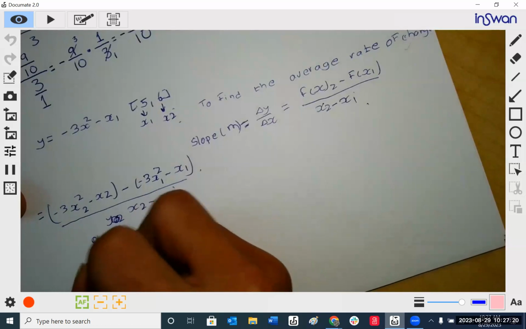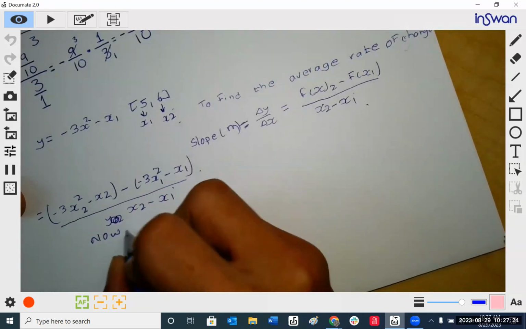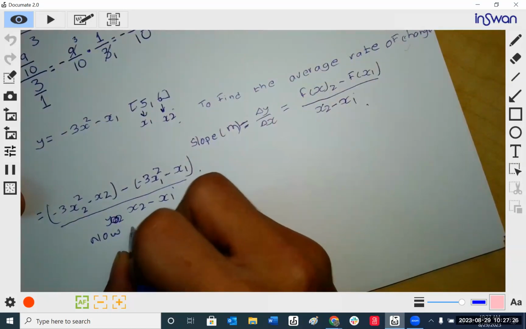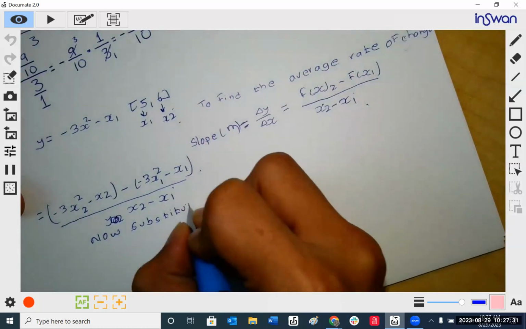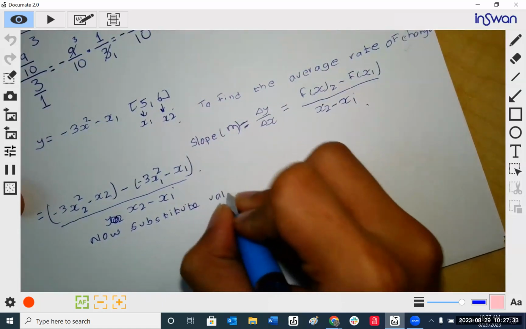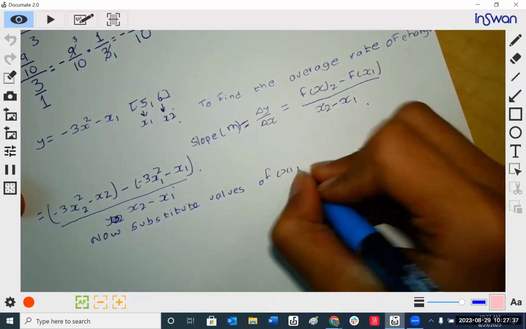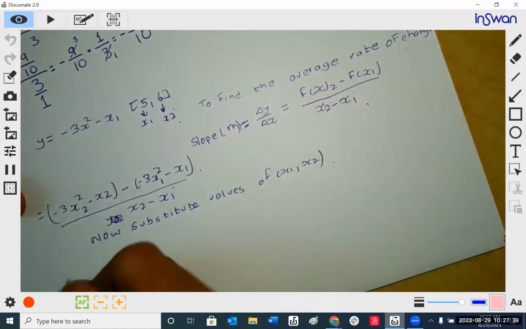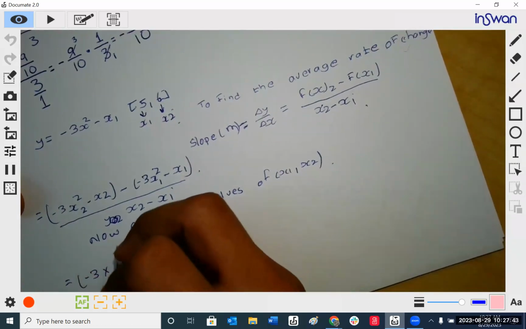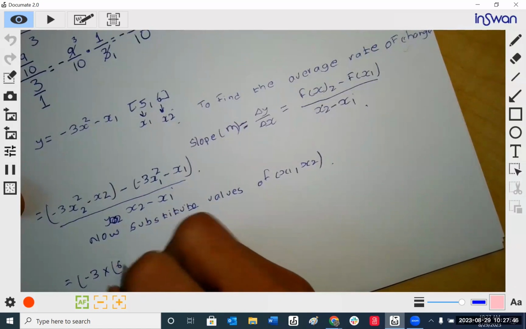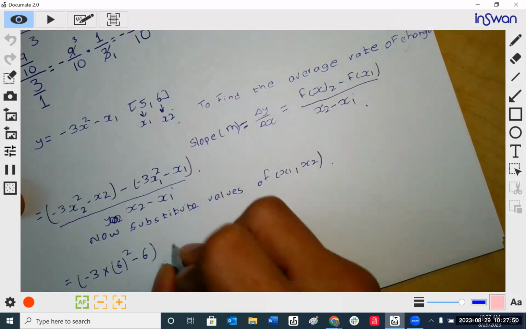So now we can substitute the values after we make the equation. Go where it says content.